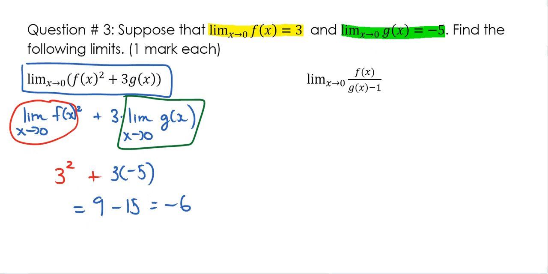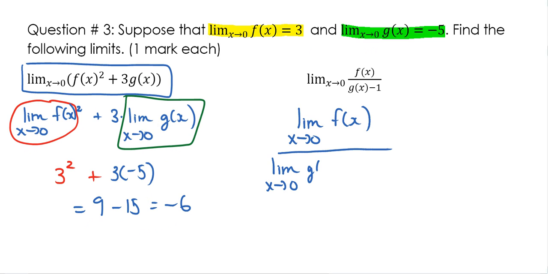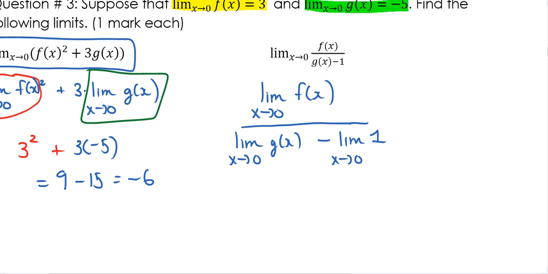For the second question, once again, you want to write the proper limit statement. So this is the limit as x approaches 0 of f of x divided by the limit as x approaches 0 of g of x minus the limit as x approaches 0 of 1. All right, so there's your limit statement. And after that, you can just plug in the numbers here. So the numerator right here, that's going to give you a value of 3.